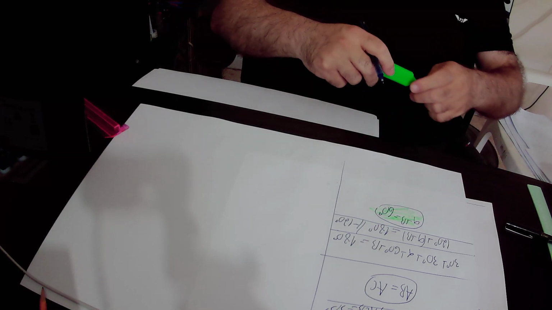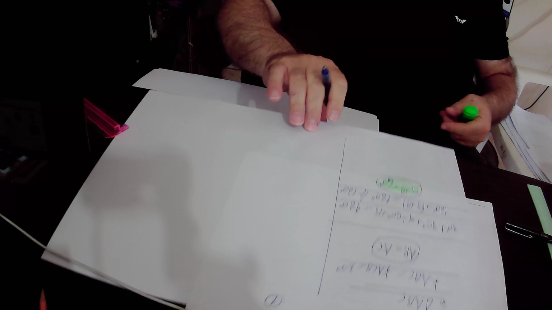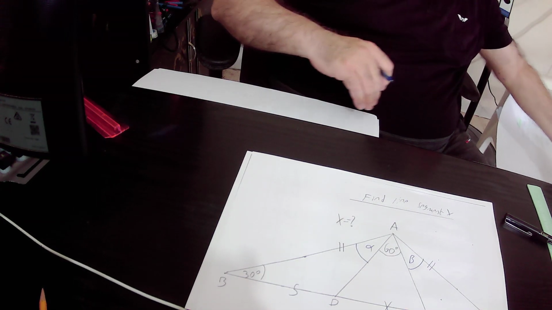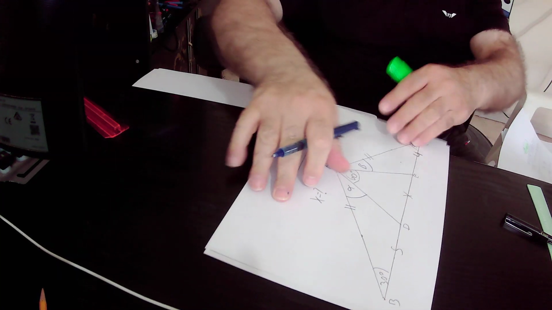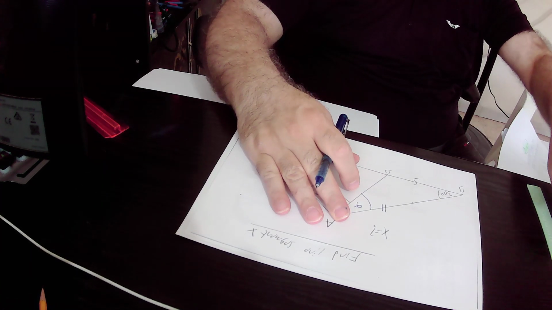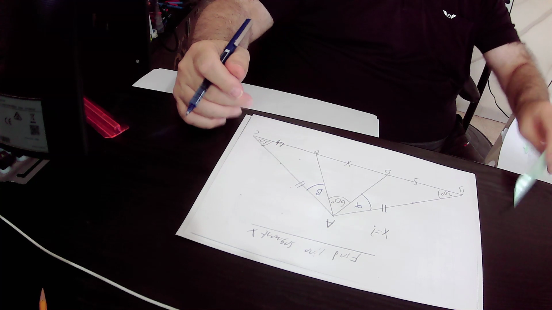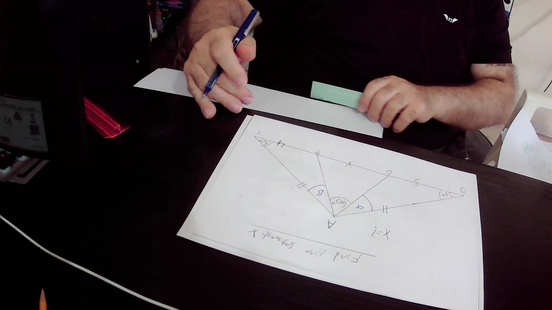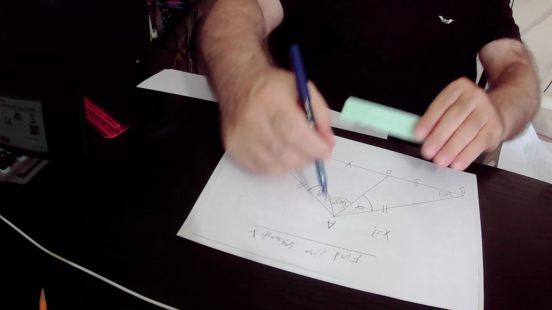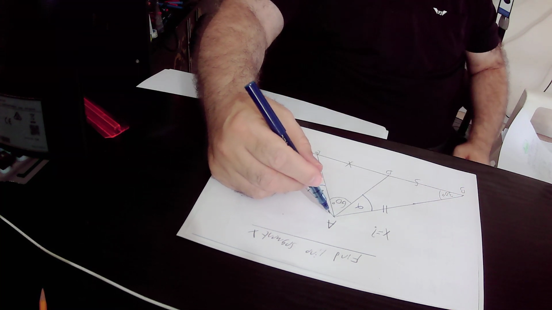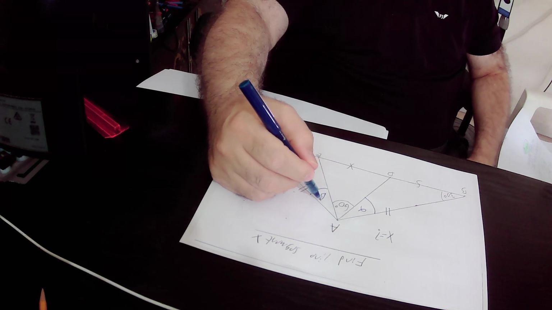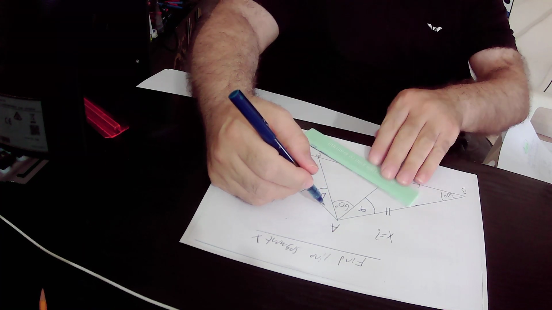In the next step, we will do two constructions. The first construction is that from point A we will draw a straight line in such a way that the angle between the straight line and side AC will be equal to alpha.